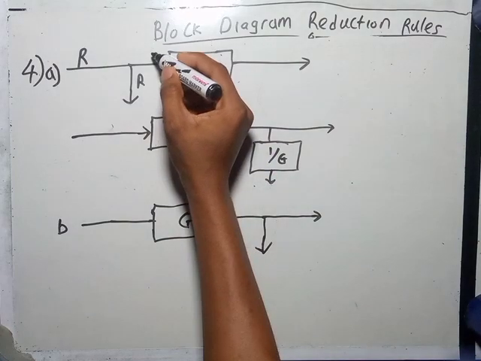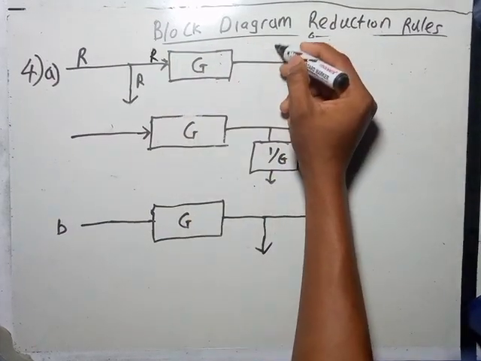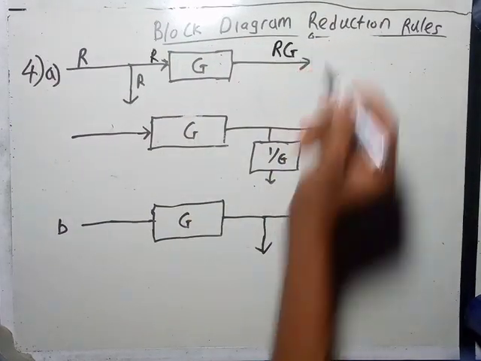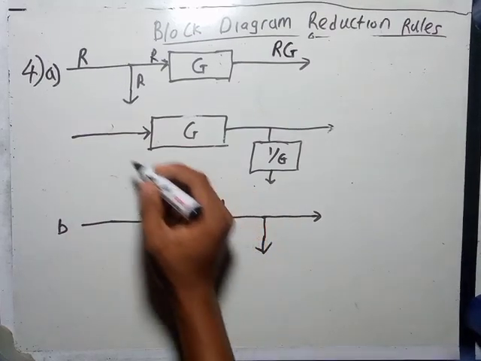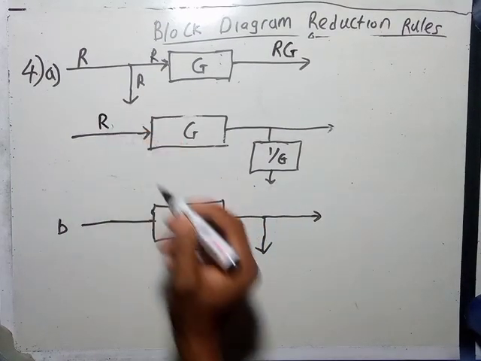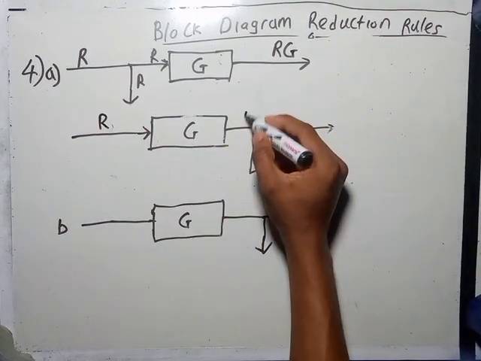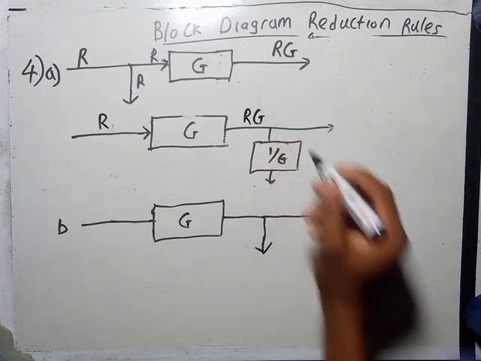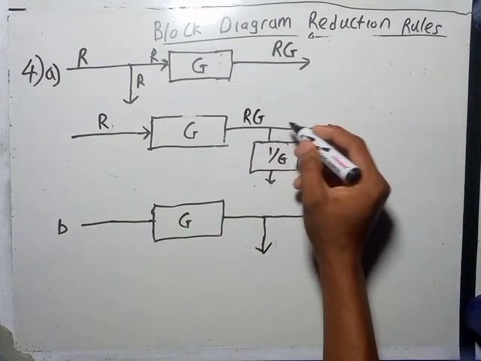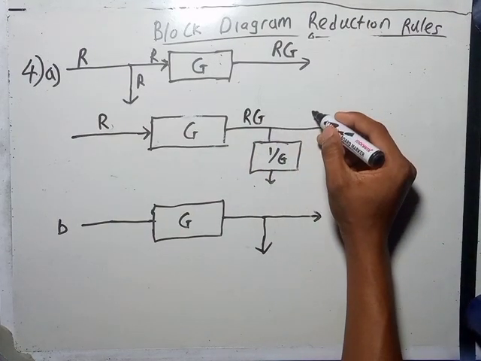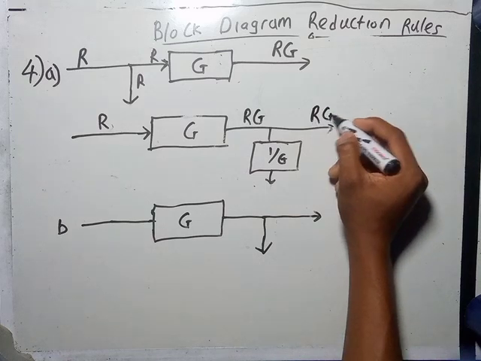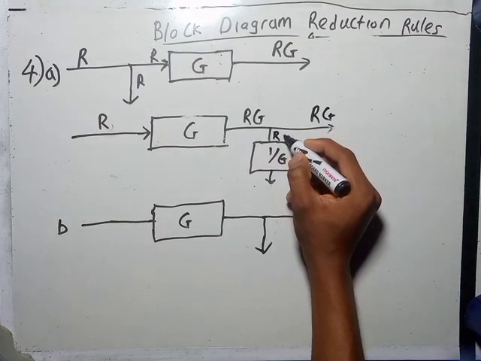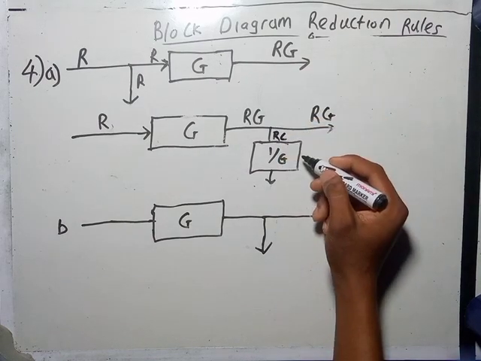So the other R will continue and end up with RG. Coming over here, we have R. Going in here becomes RG. RG continues, and that RG also comes down here because this is also a branching point.